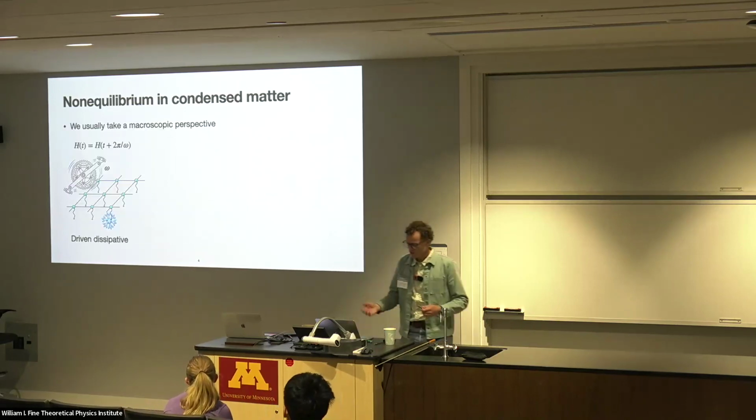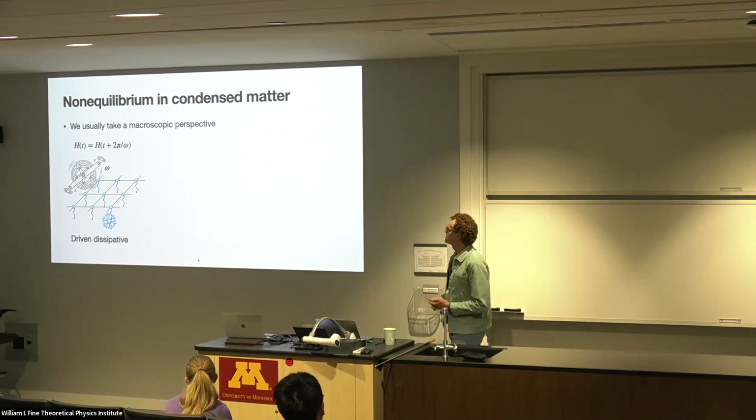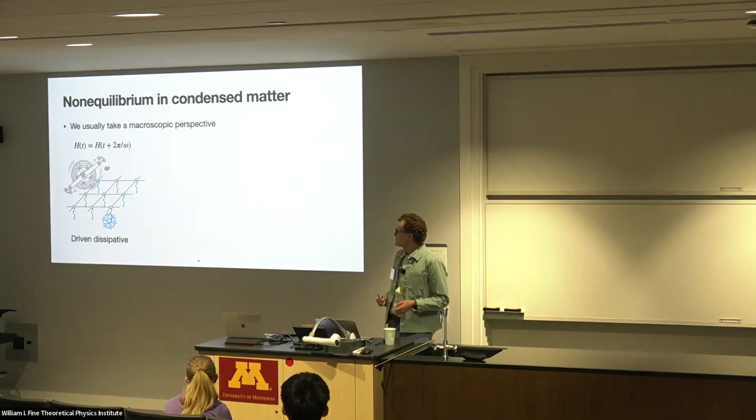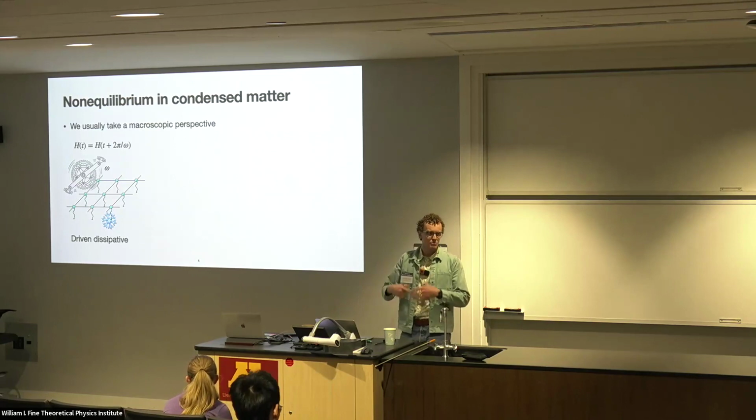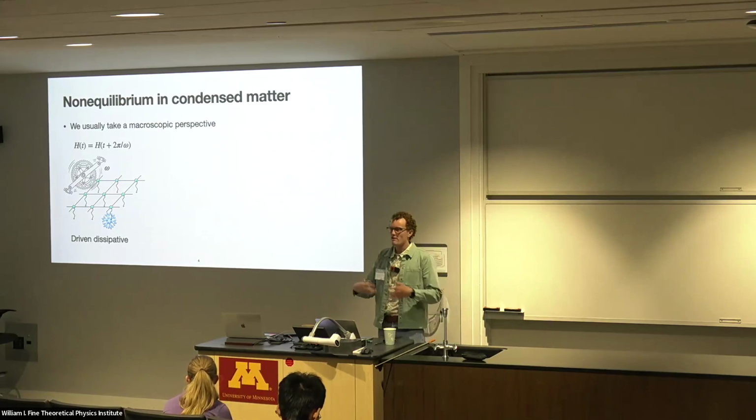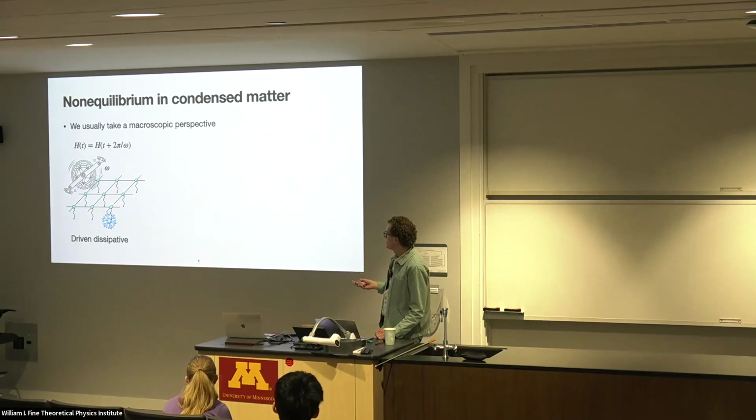But this is very different from how we usually talk about non-equilibrium systems in condensed matter physics. There, we usually have some material and then we drive it out of equilibrium, but we do it in some macroscopic way. Maybe we have a time-dependent Hamiltonian, maybe a coupling to some cold bath to keep it from heating up too much.